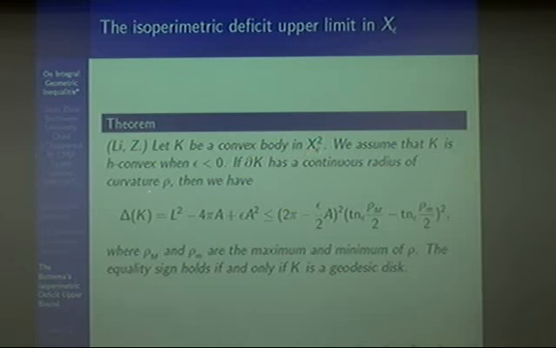Then we assume that K is H-convex. H-convex means we don't have a line segment on the boundary. Therefore, we have this one too.